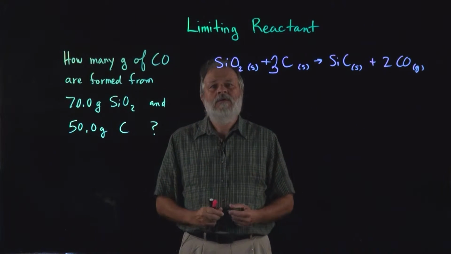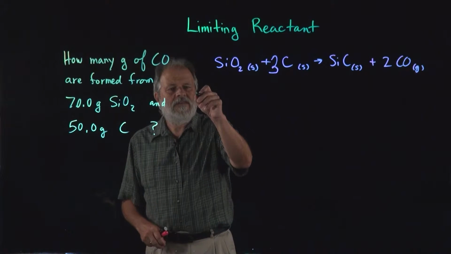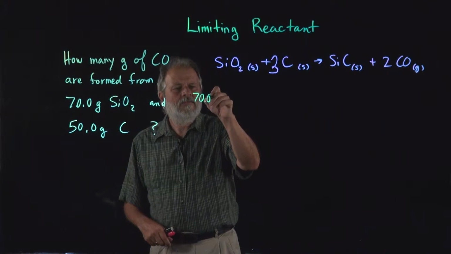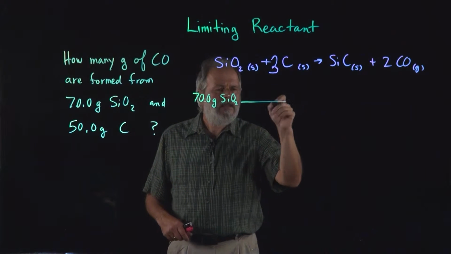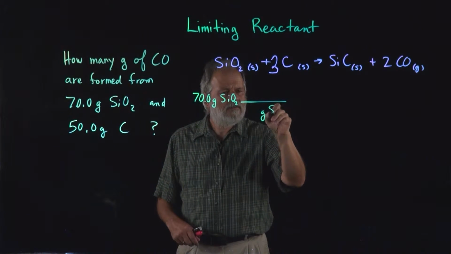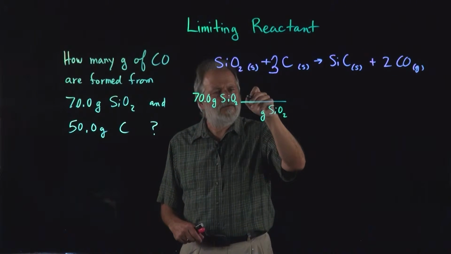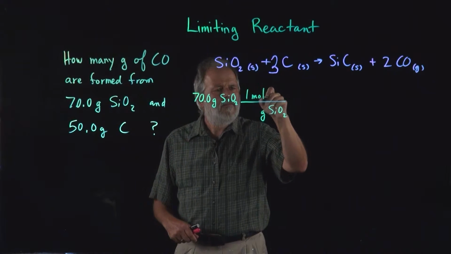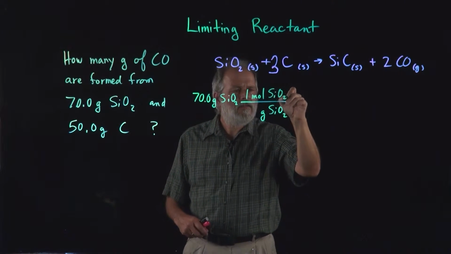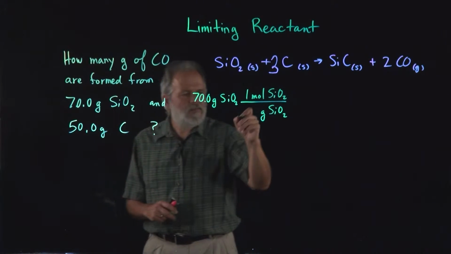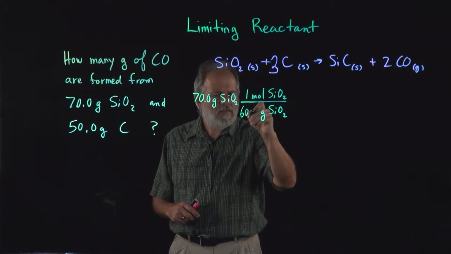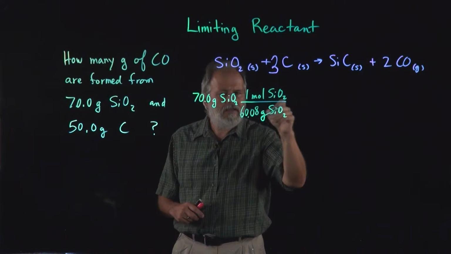Okay, so we're going to take each one of these, 70 grams of SiO2, and use the molar mass to get moles of SiO2. And I'm going to look up that molar mass, and that is 60.08. All right.